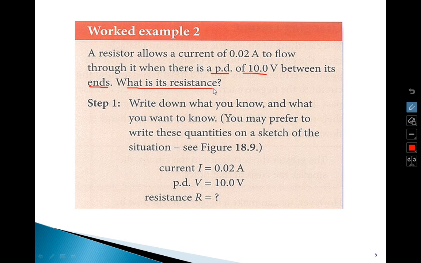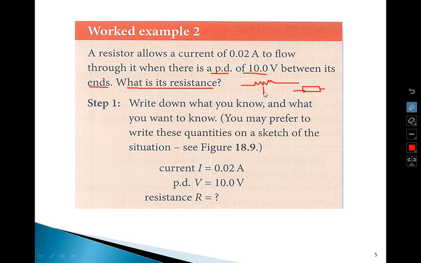What is its resistance? We have a resistance like this. This is R. Some draw it like this, and some draw it like this. They are the same, but this one is more famous.